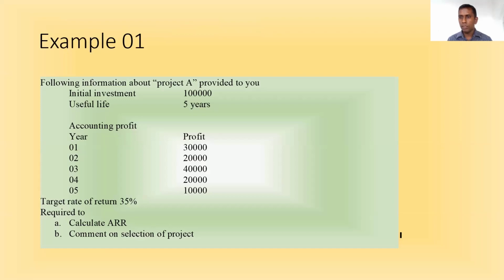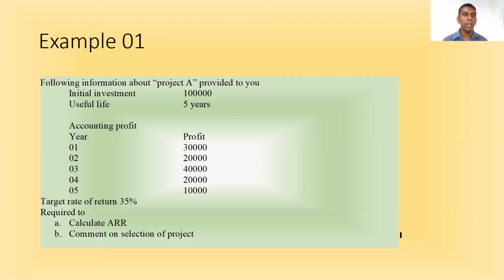In your examinations, unless your paper asks for average investment, calculate ARR based on initial investment. So in this first example we are going to calculate ARR based on both methods, but in the coming examples we are not going to calculate under 2 different methods. We are going to calculate based on the initial investment only. With that in mind, look at the examples.